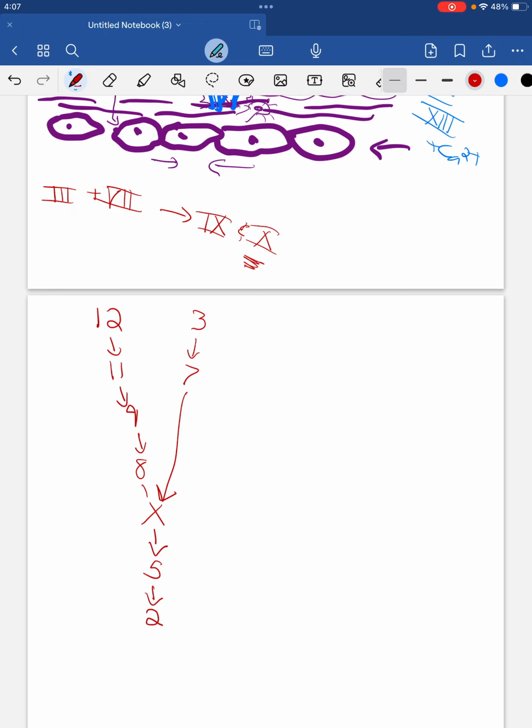Okay. So, okay, so let's talk about a way to remember this.